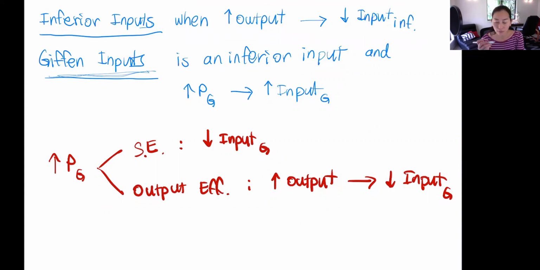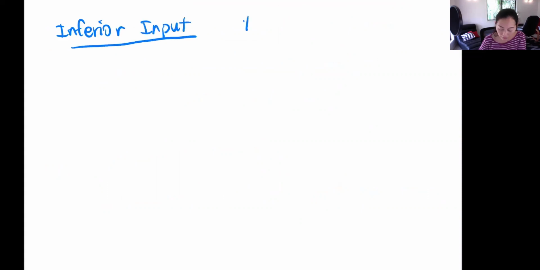Being an inferior input, let's start with that. We know that when we increase Q, we decrease the inferior input.